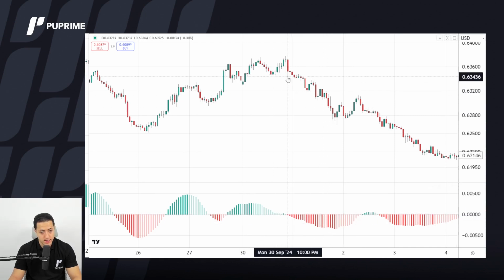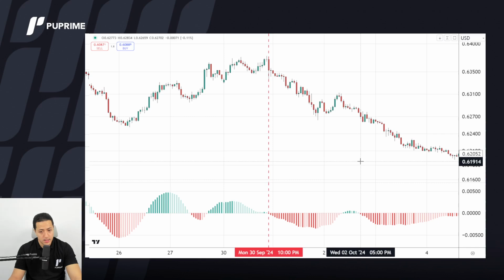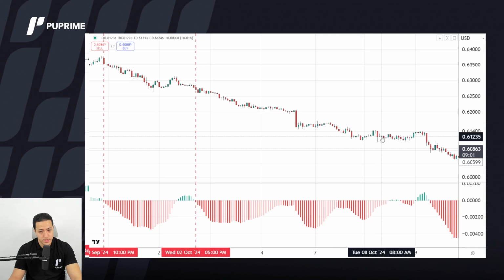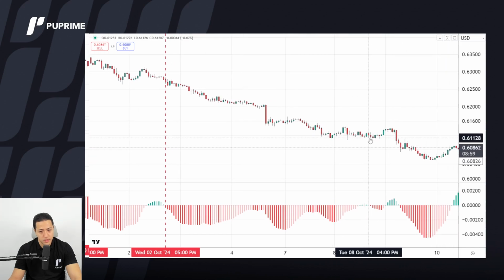So let's say it gave you a sell signal here. It started to go red. When prices were correcting a little bit and the momentum went red again here, it's another sell signal, and you actually hold the sell signal till maybe here. That was a full signal.